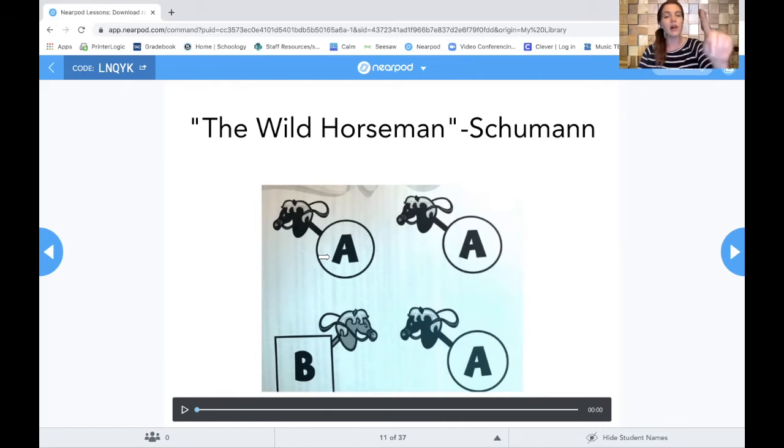Okay, so follow along with this chart, A and B, with your horses as we listen to the song again, and try to pinpoint the exact moment that we change from the first A section to the second A section.